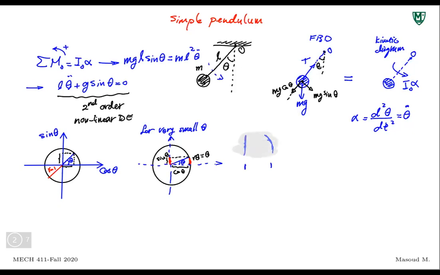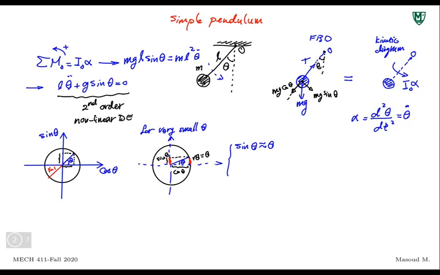And that's the basis for this simplification or linearization. So for very small theta, I can say sine theta is almost equal to theta, right? Because if it's too small, then the length of the arc and the value of sine theta are going to be the same.